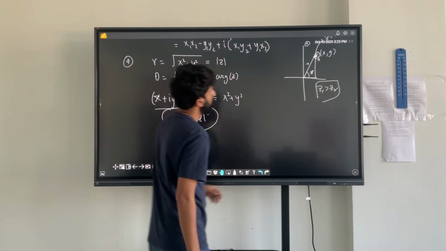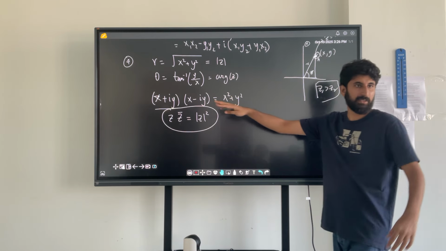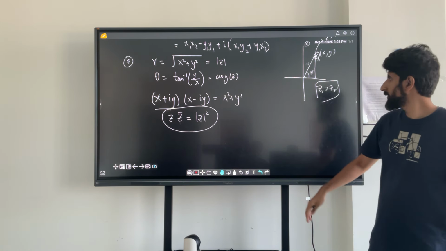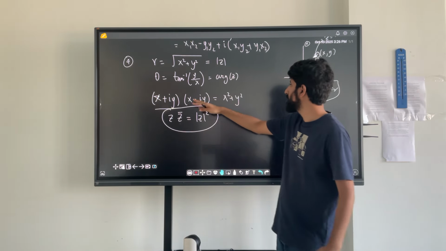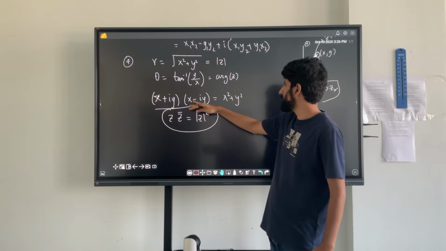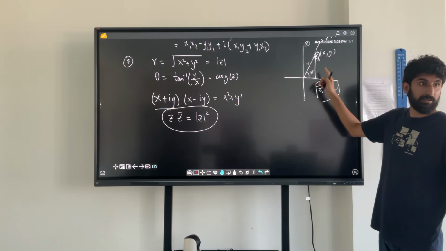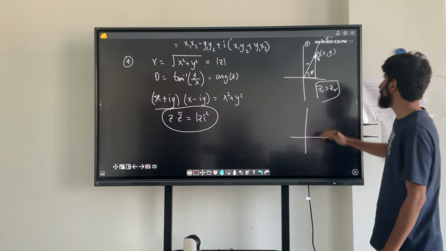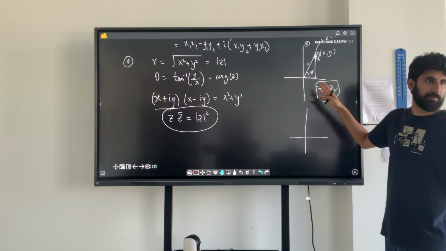So now think of this z bar, which keeps the real part the same and replaces iota with minus iota. I didn't tell you what real part is, but I'll come to it. It's a very simple thing. So if I represent this on my plane, earlier this was just the Cartesian plane. Now we will call it the complex plane.